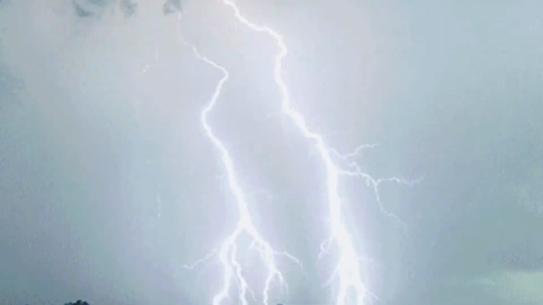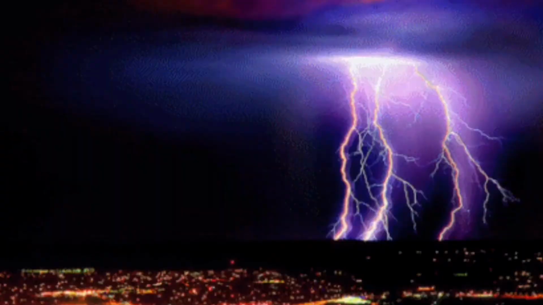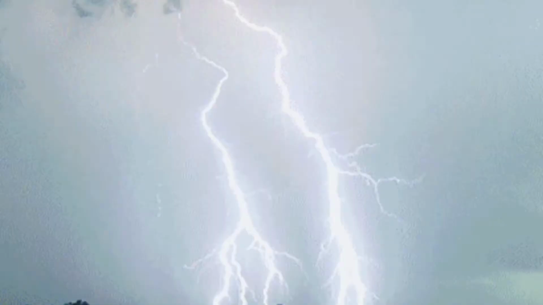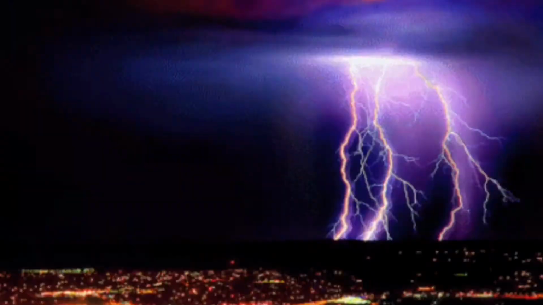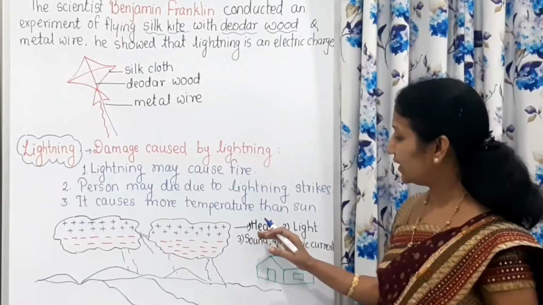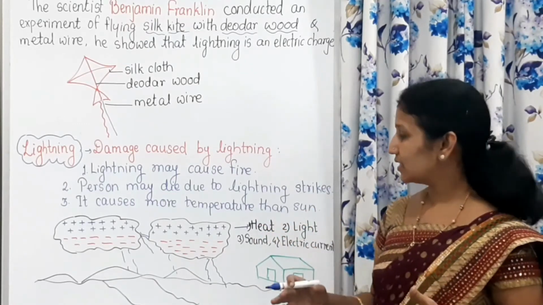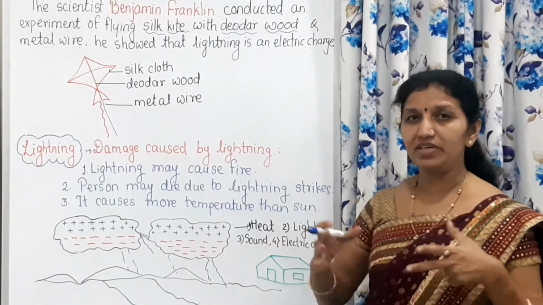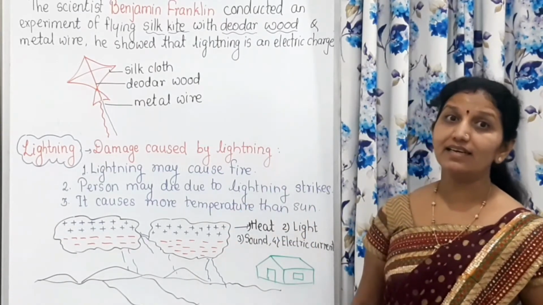Within fractions of a second it reaches the ground, and at that time a lot of heat is generated. Then it brings light, heat, tremendous sound, and also electric current.